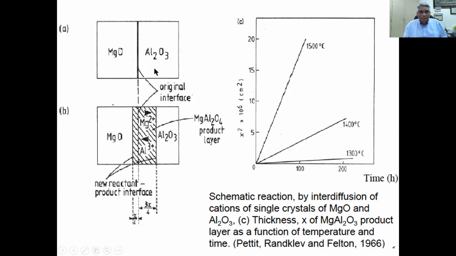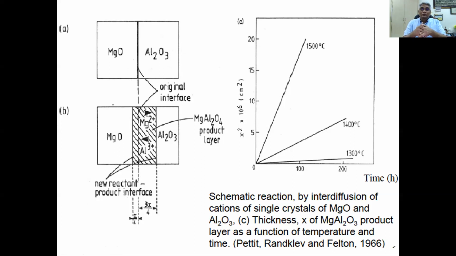So only when you go to higher temperatures, the individual bonds of Al2O3 and MgO, where each one has its own crystal structure, they start weakening, and that can allow the interdiffusion of ions to happen, right?